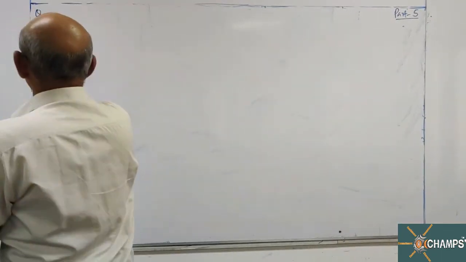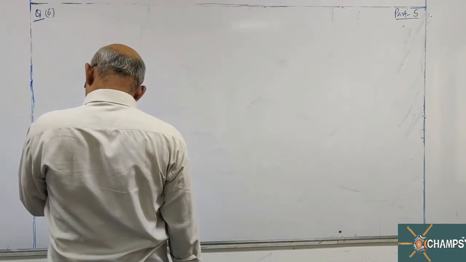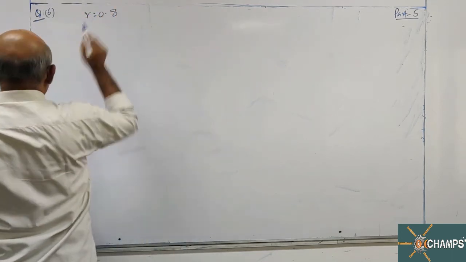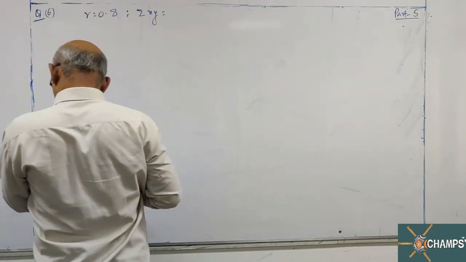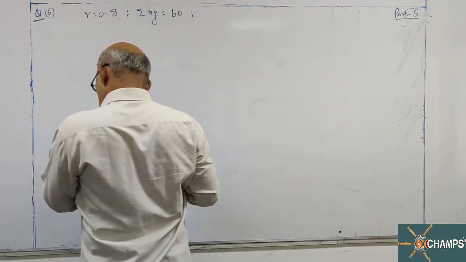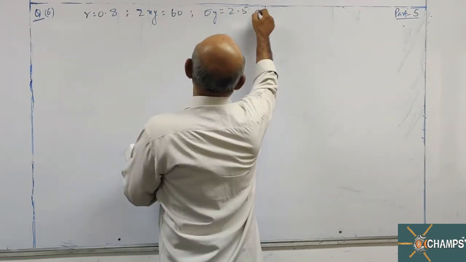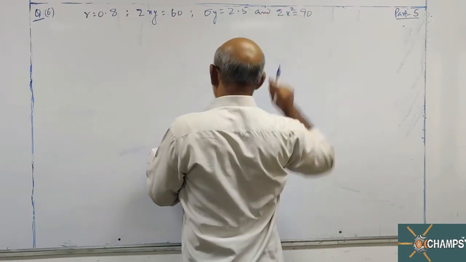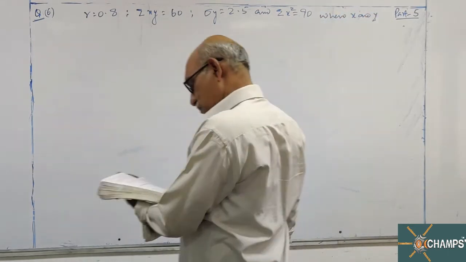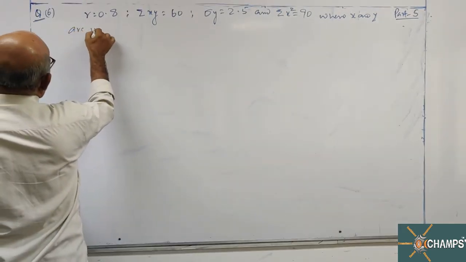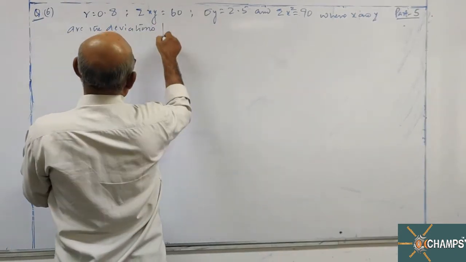Let's see the next question. Question number 6. R is equal to 0.8, summation of xy is equal to 60, standard deviation of y is equal to 2.5, and summation of x square is equal to 90, where small x and small y are the deviations from the respective means.